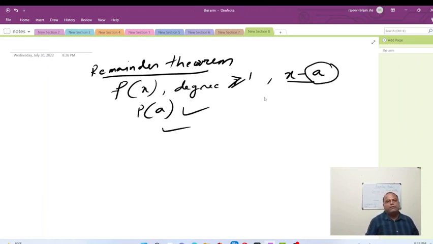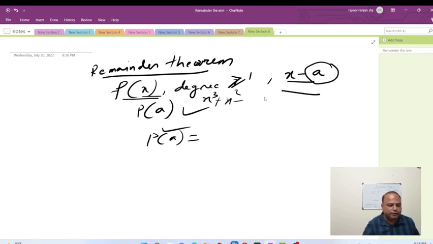Now conversely, suppose this polynomial is a factor of p(x) or not. It is a factor only when p(a), when you put a in place of x, gives 0. Suppose the polynomial is x cubed plus x squared plus 1, and you put a, like a is -1 or whatever, and you get a 0, then this is a factor of the polynomial. Fine.